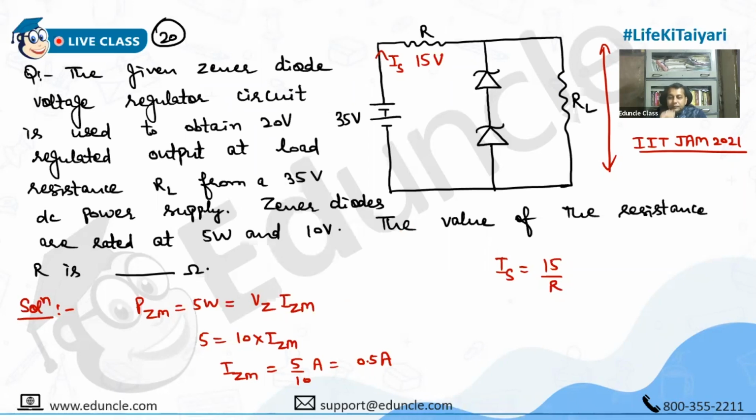Clear? And we know that the maximum current through Zener is equal to this current. So can I put this equal to 0.5? Yes, Durga, very good. Please check everyone.